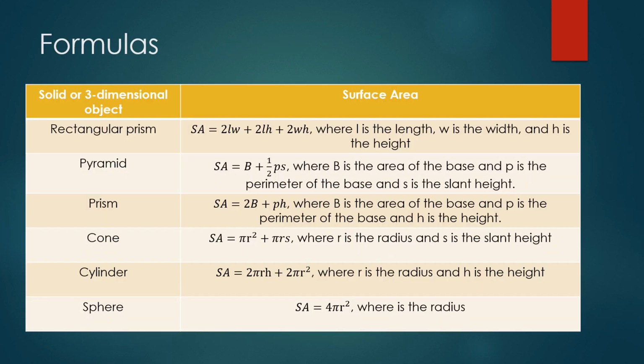So we have a bunch of different formulas. Some we could extend even farther. I tried to pick ones that were common and easier to memorize. Rectangular prism is probably the most recognizable. If you have a rectangular prism, each side of the prism is a rectangle.